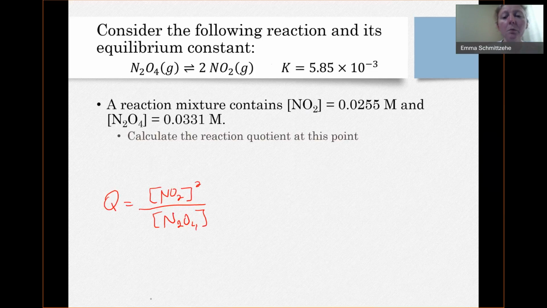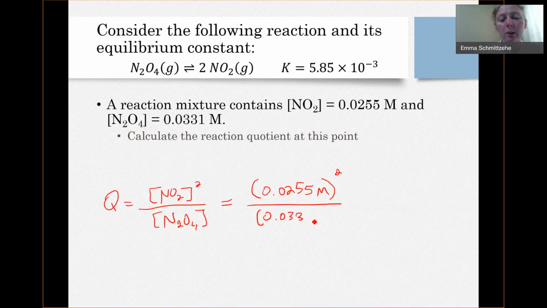And then I just need to plug in the stuff. So I'm going to plug in the NO2 value, which is 0.0255 molar, and that's squared. And then the N2O4 is 0.0331 molar.